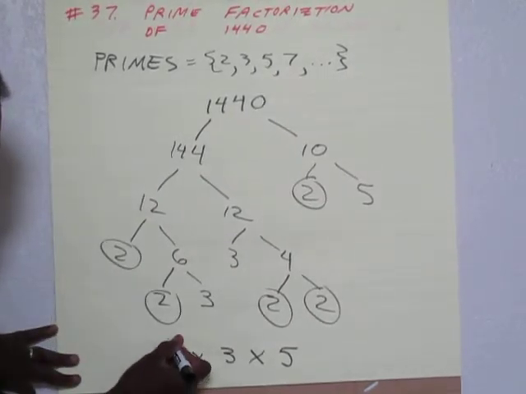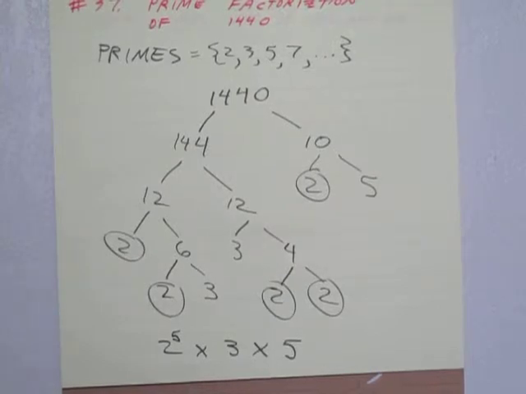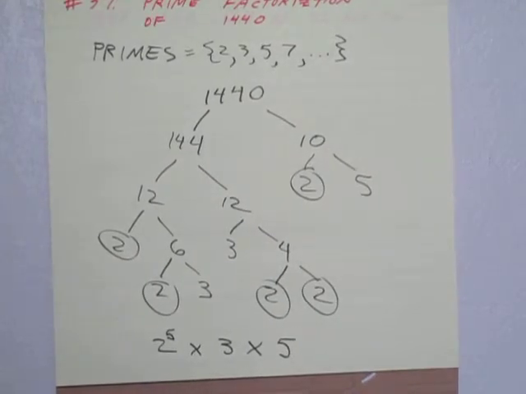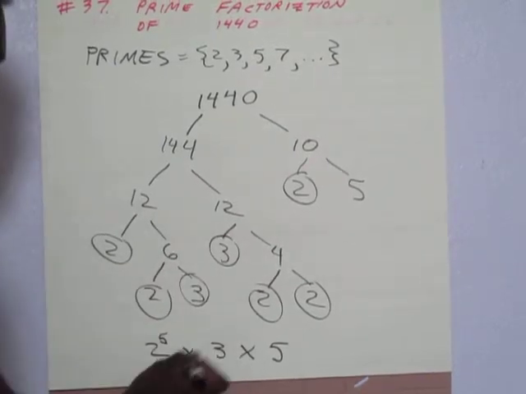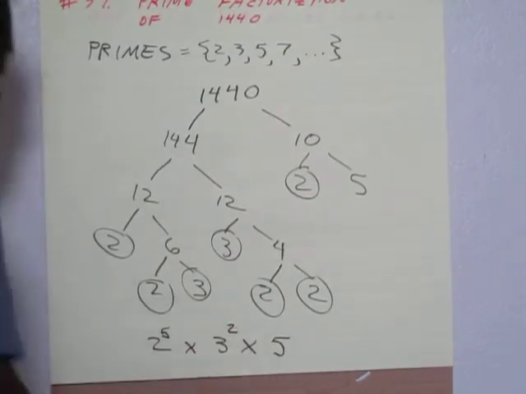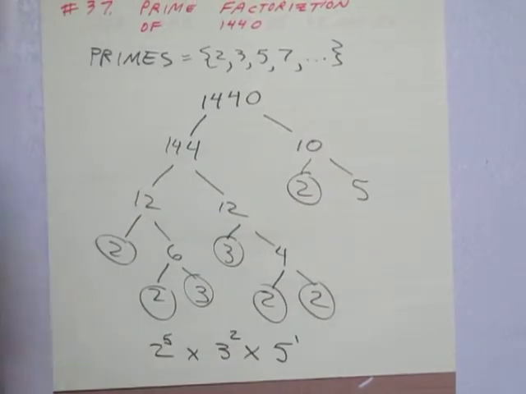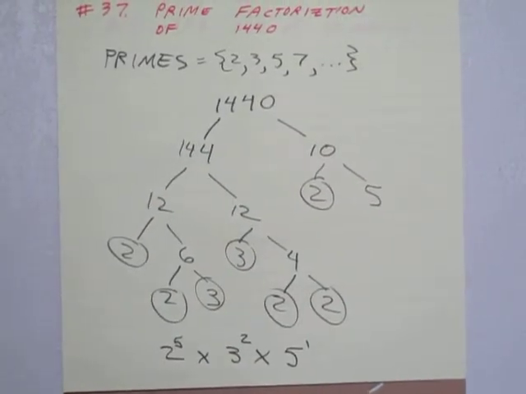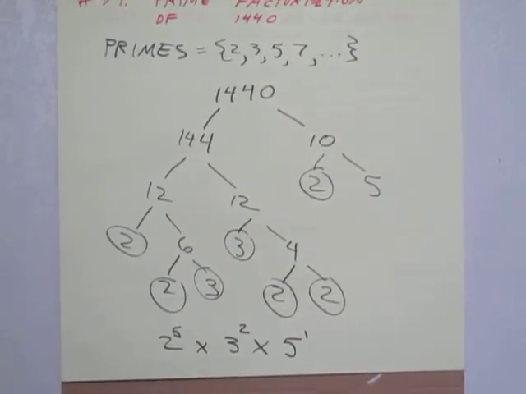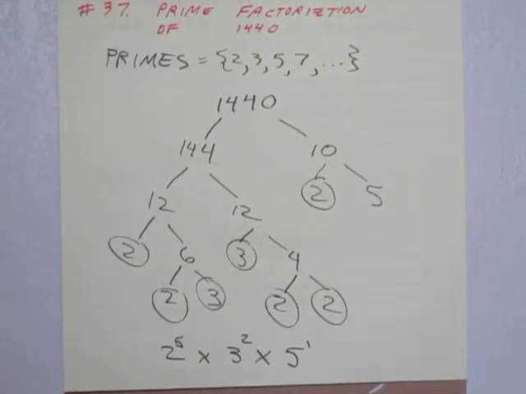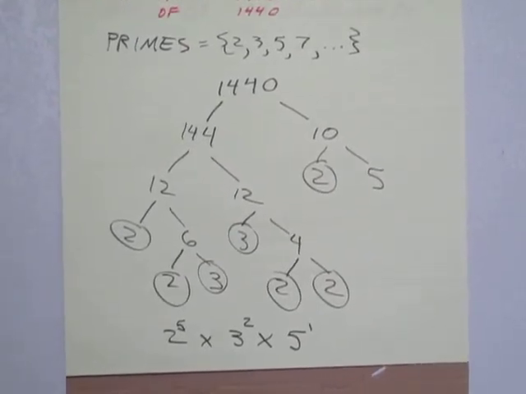With an exponent of 5 here to indicate the number of factors. 3s, 1, 2, so I'll put an exponent of 2 here, and then there's one factor of 5. And now I have a prime factorization for the number 1,440. It's 2 to the 5th power times 3 squared times 5.